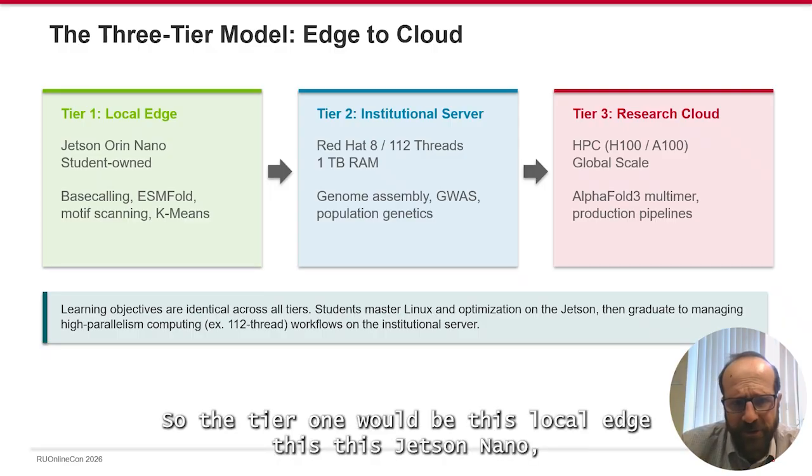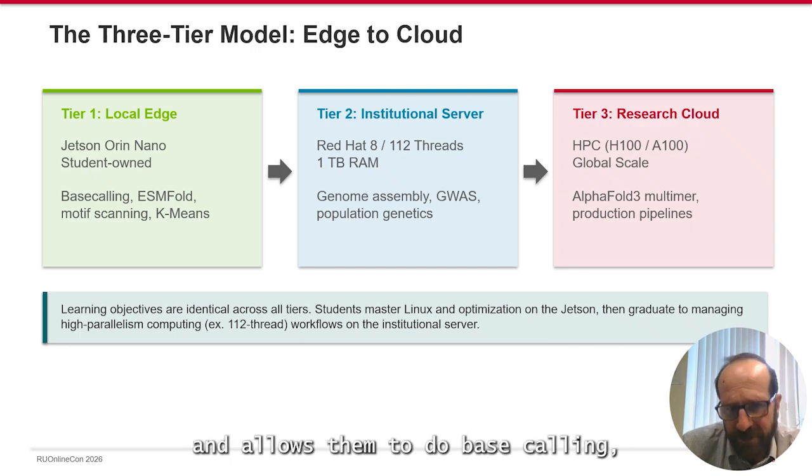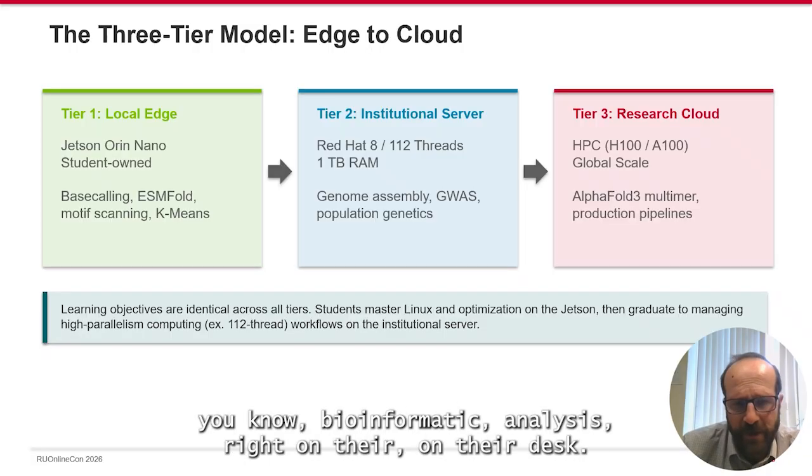Tier one would be this local edge, this Jetson Nano, which is lab owned or student owned, and allows them to do base calling, protein folding, motif scanning, k-means, and other bioinformatic analysis right on their desk.